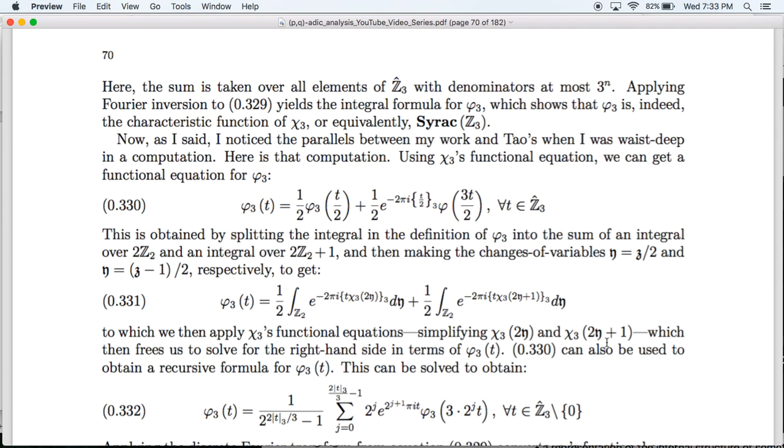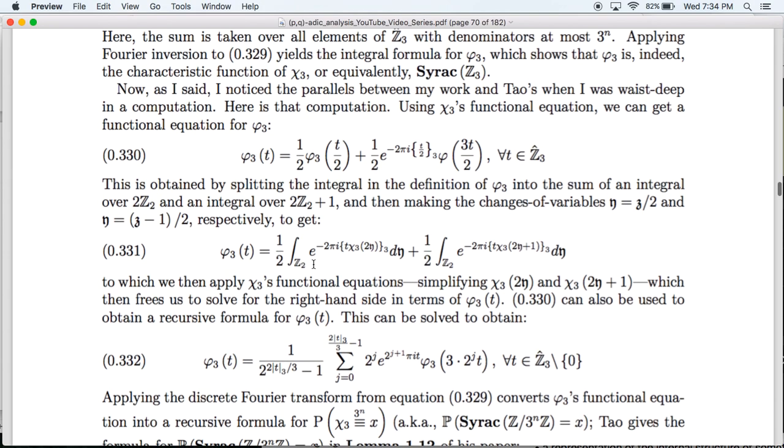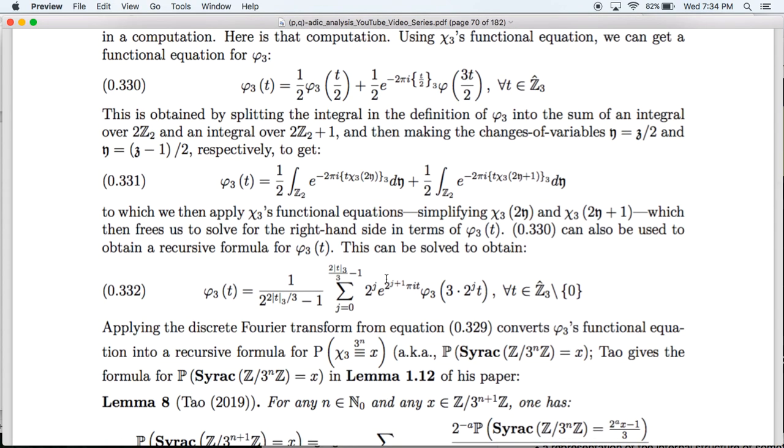This frees us to solve the right-hand side in terms of phi 3 of t. We'll then obtain a recursive formula for phi 3 of t, which we can solve to get the following, which is a very nice thing.